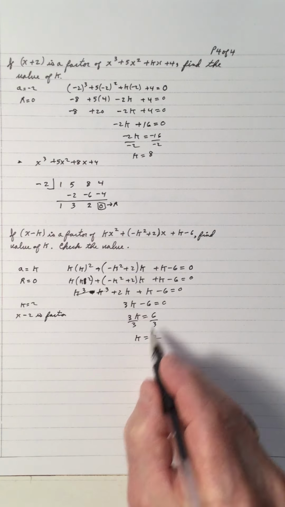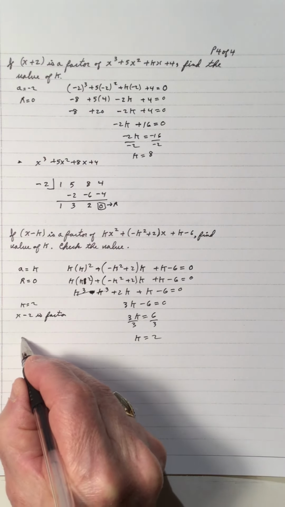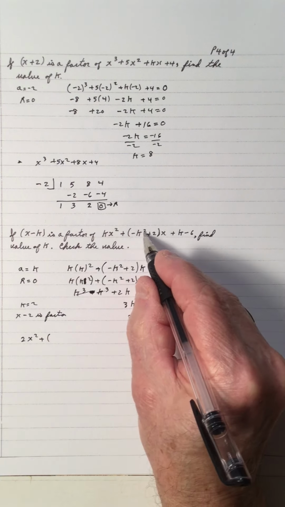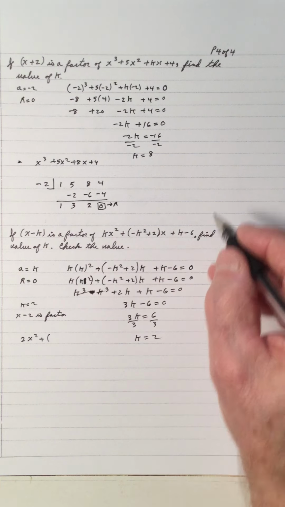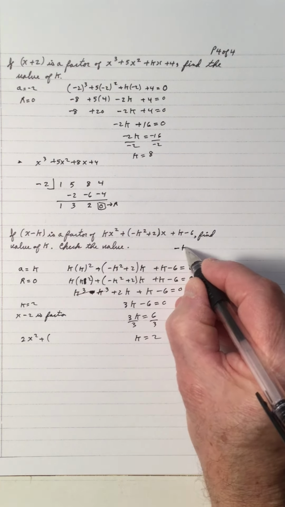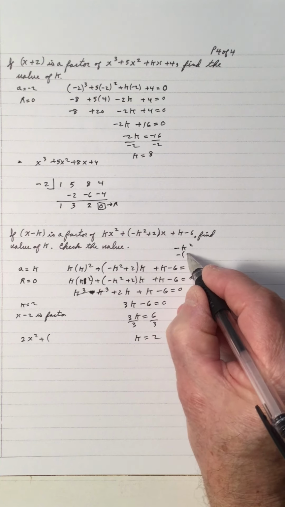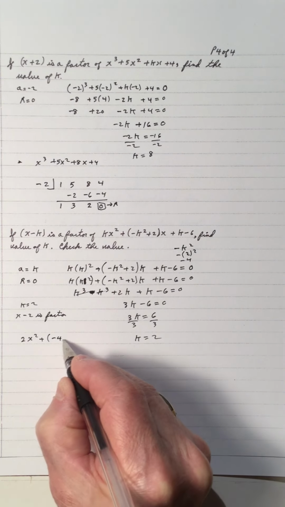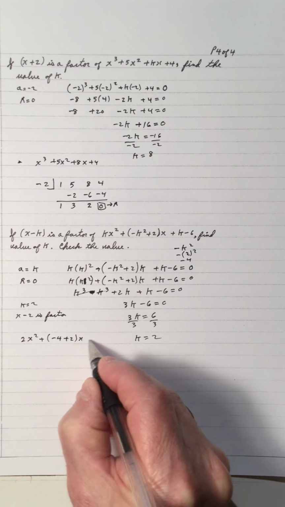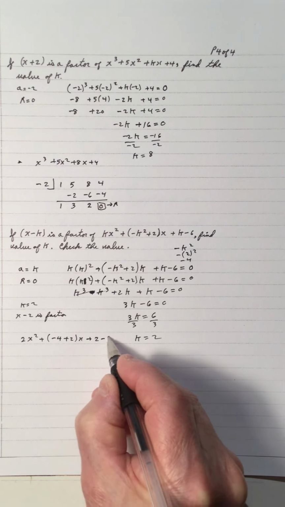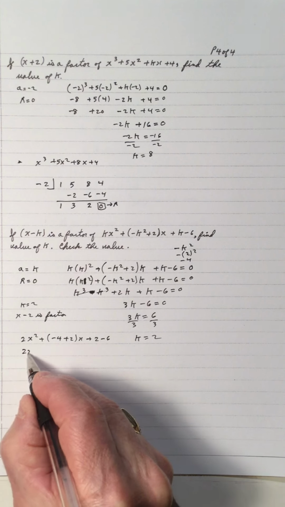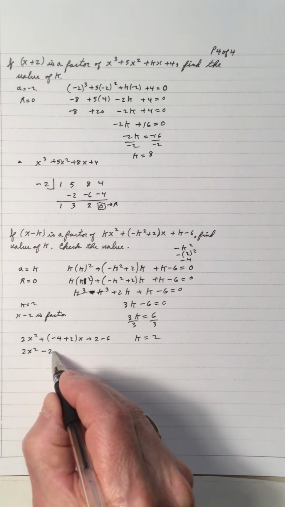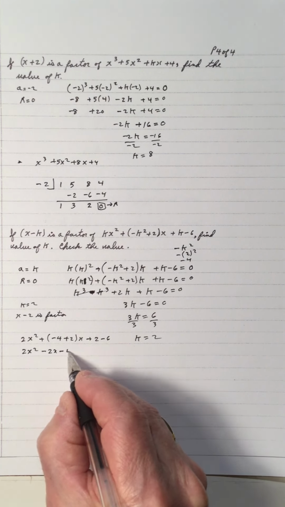Now, if I put 2 in here, I get 2x squared, and that's negative k squared, so putting 2 in for k gives the -4, plus 2x, and k is 2, so I get 2x squared, and -2 times x is -2x minus 4.